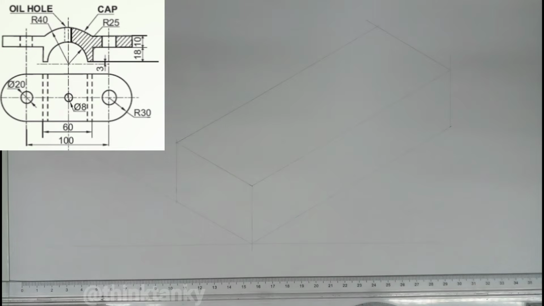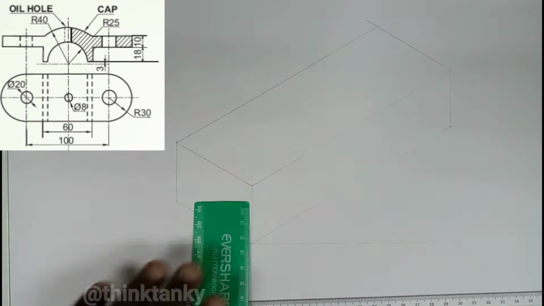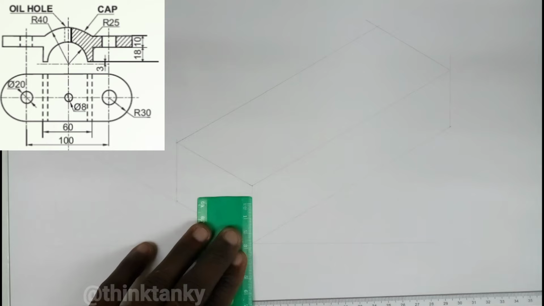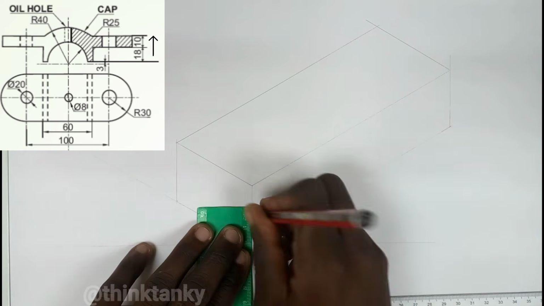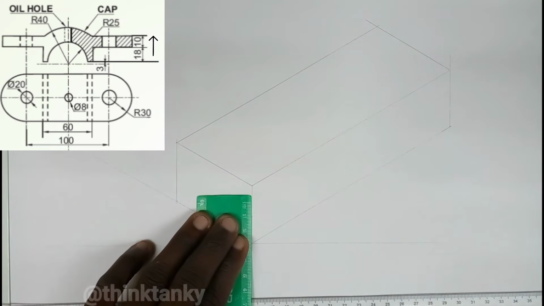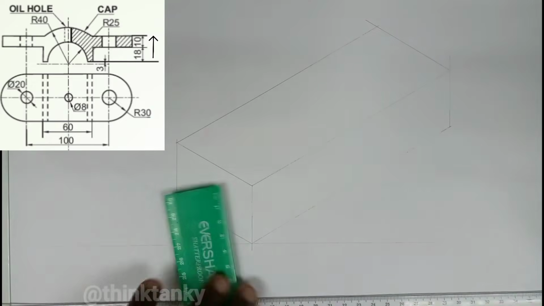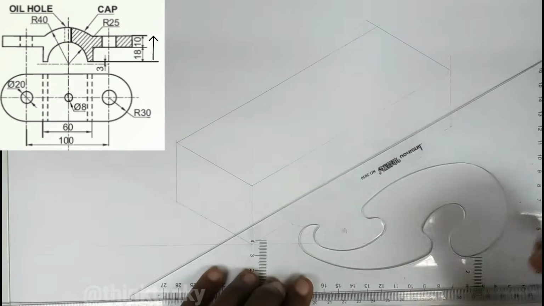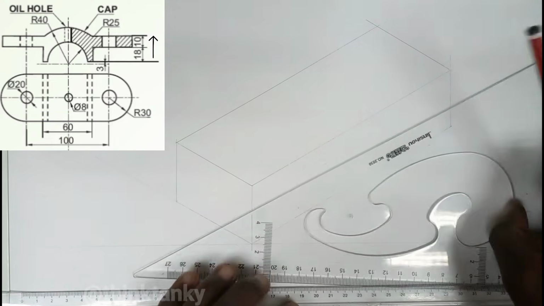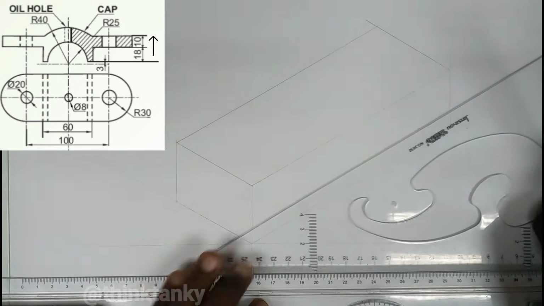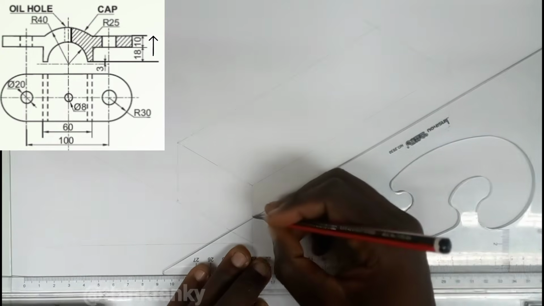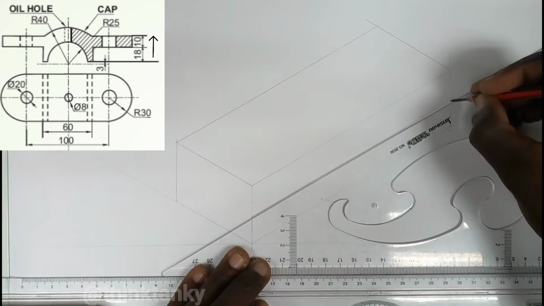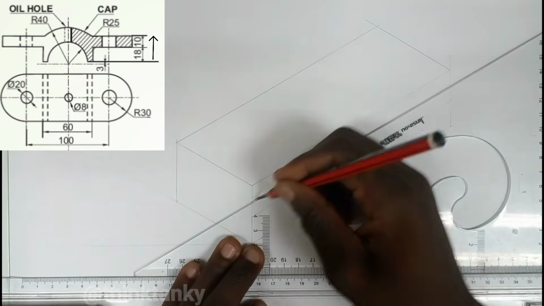Then measure a distance of 18 plus 10. I'm going to start with 18 first. 18 is here, measure 10 here. Then reconstruct and project them at 30 degrees.